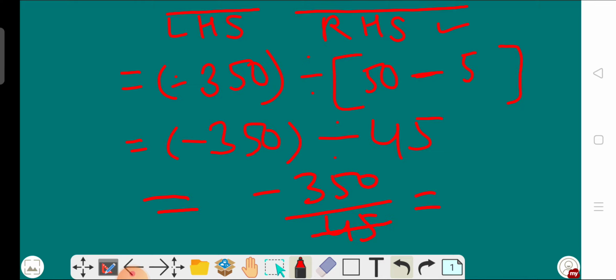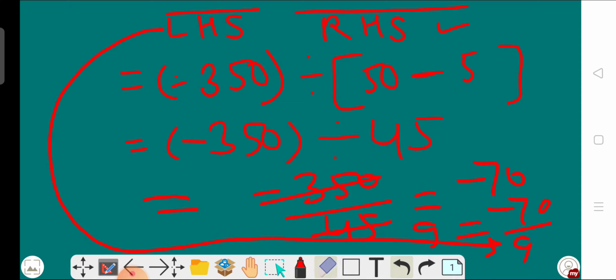When we cancel by 5, it becomes minus 70 by 9. So our left hand side is equal to minus 70 by 9. Okay, so this is the solution of our left hand side.